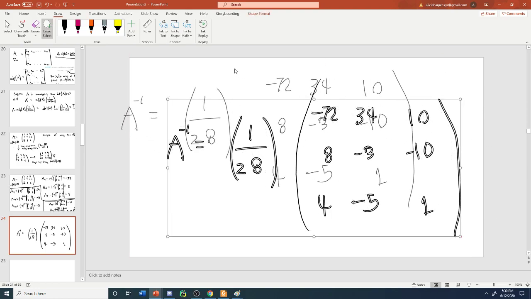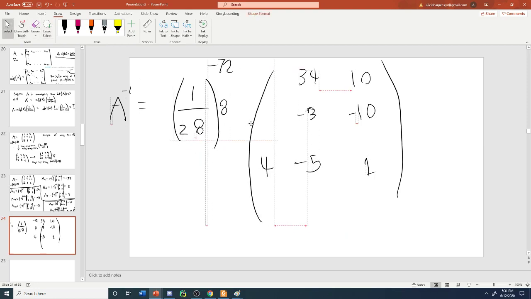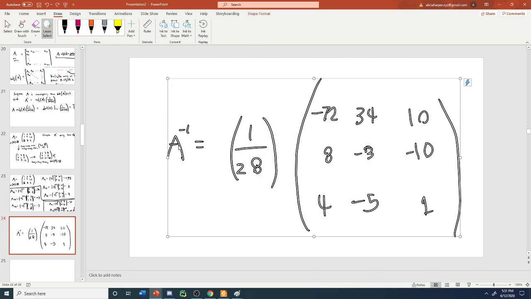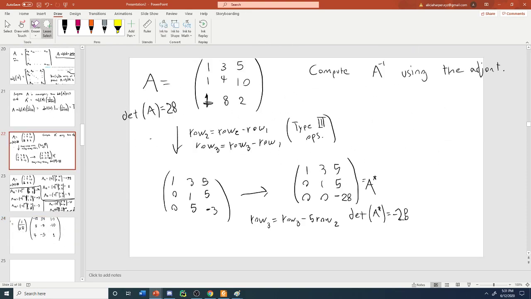So, let's just get them both in the same slide so we can look at them together. I don't necessarily want to verify that this is the inverse because it's kind of a long computation, but we can check at least one entry or so to make sure we did everything correctly.